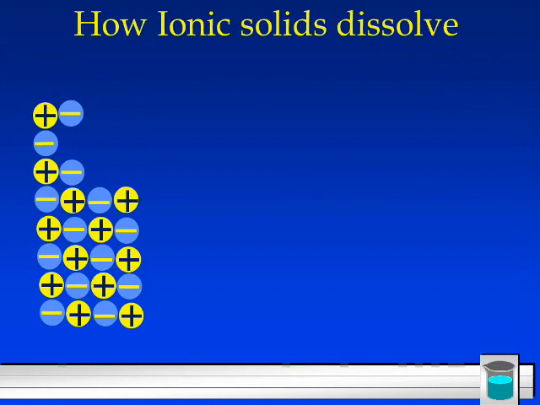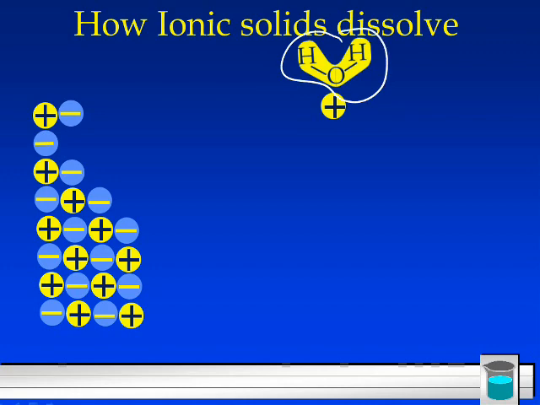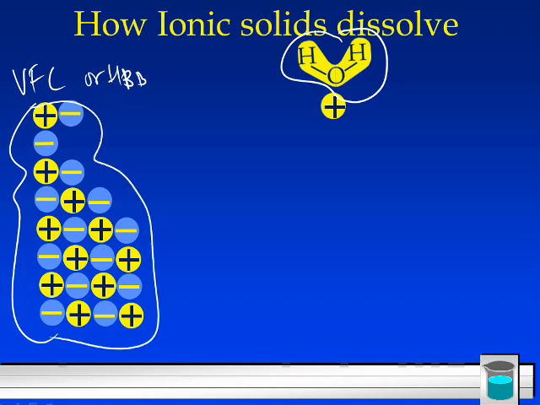Okay, so let's check this out. Here comes a water molecule. Hey! What does this remind you of? It reminds you probably of some Sacred Heart girls and a VFC or HBB, Heartbeat Boys. Varsity Fan Club or Heartbeat Boys, they're here, they're chilling. Here comes some Sacred Heart girls. Oh my gosh, look, it's Noel.